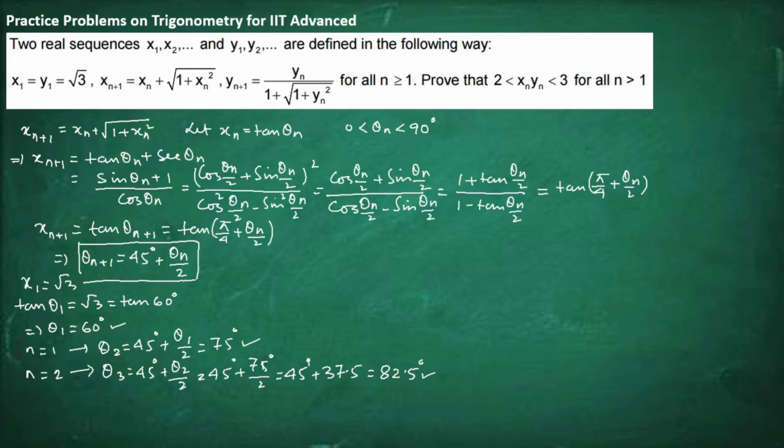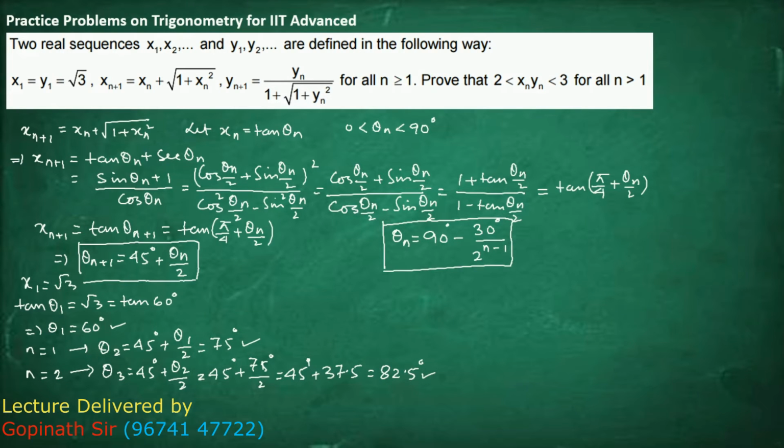So we can conclude a relationship that theta n is basically 90 degrees minus 30 degrees divided by 2 to the power n minus 1. Just check whether I am correct or not. In place of n, if we put 1, then theta 1 is coming to 90 minus 30 by 1.